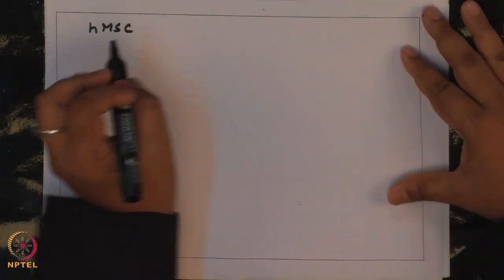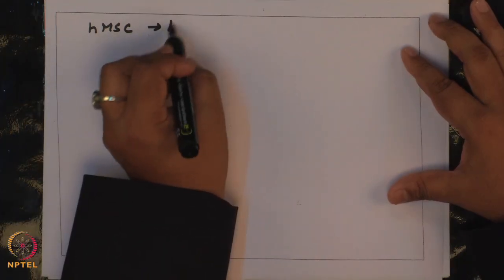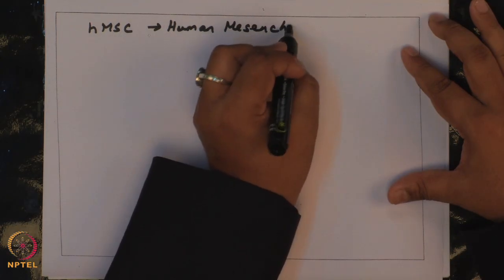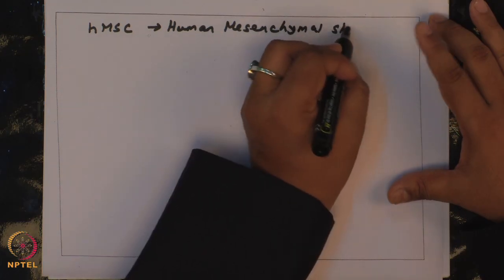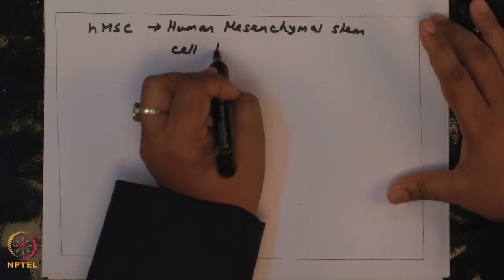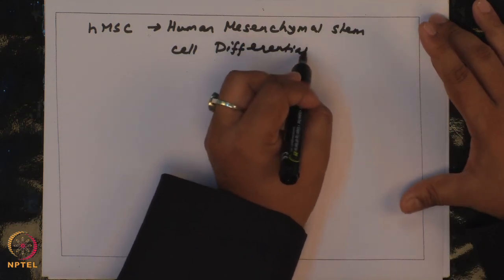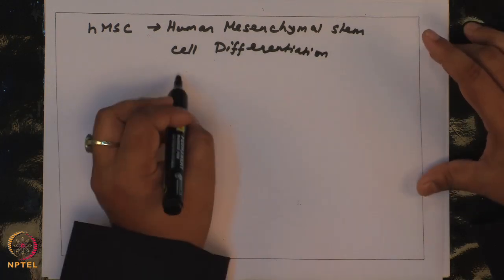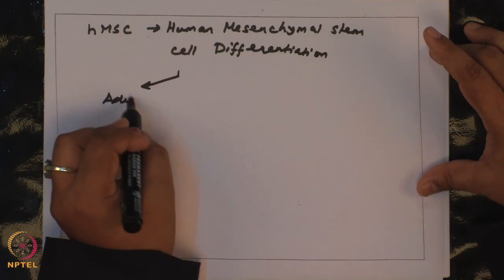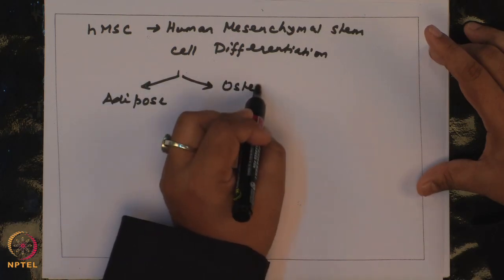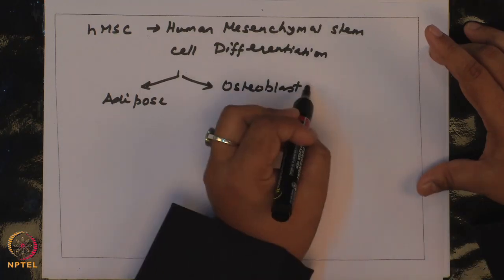We will discuss one such paper in the context of HMSC differentiation, human mesenchymal stem cell. These are known to differentiate into adipose or fat cells as well as osteoblasts or bone cells.